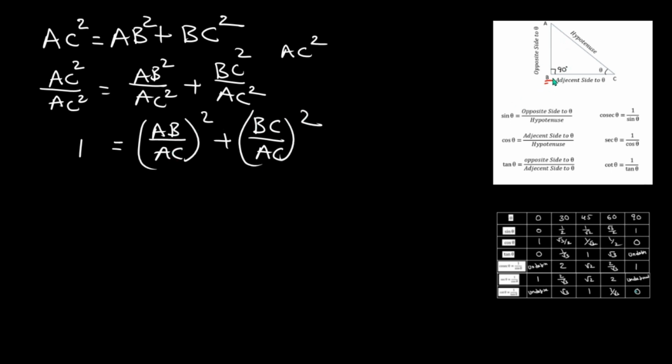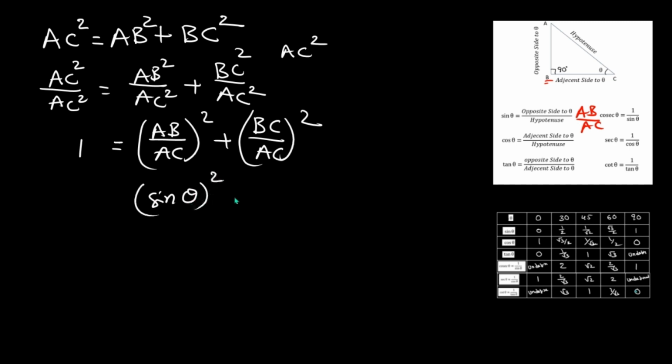It is sine theta, which is opposite side by hypotenuse. Here the side opposite to theta is AB, so for AB by AC we can write sine theta. So sine theta whole square.